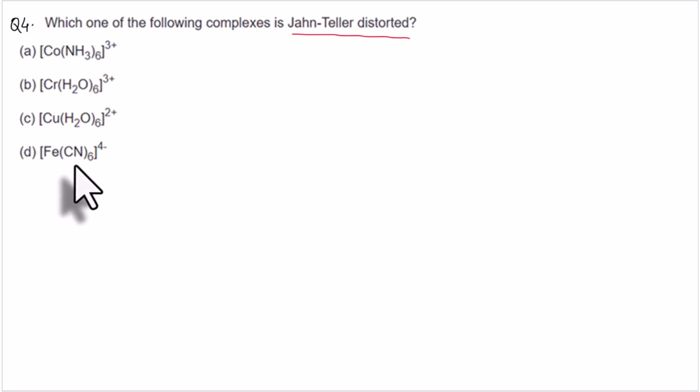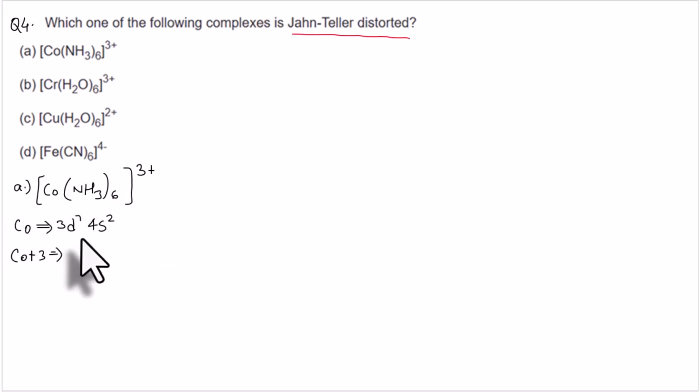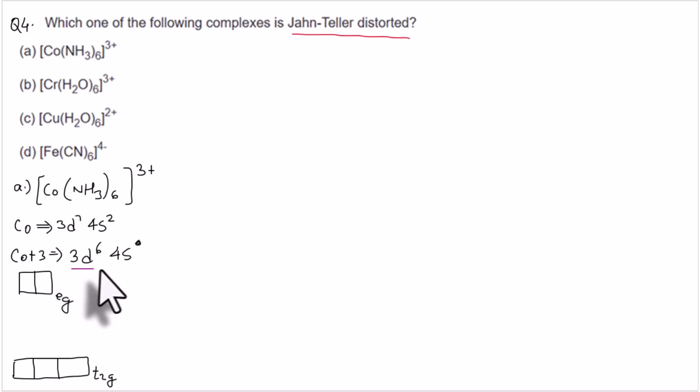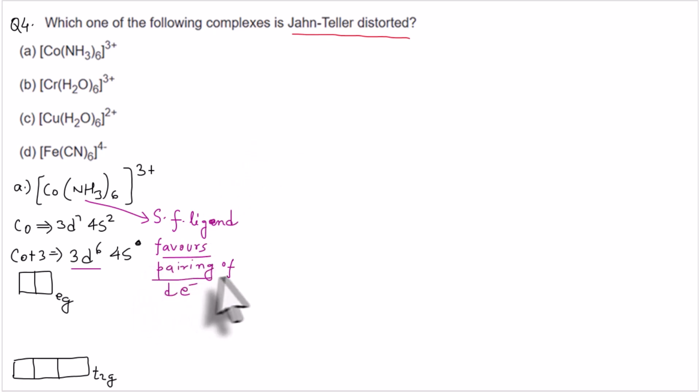Okay, let's check out the options one by one. The first option is [Co(NH3)6]3+. Cobalt in the ground state has 3d7 4s2 valence electronic configuration, and in the +3 oxidation state cobalt becomes 3d6 4s0. Now how to fill these 6 electrons? The important point is what kind of ligand ammine is in this complex. Ammine acts as a strong field ligand, and thus it favors pairing of d electrons.